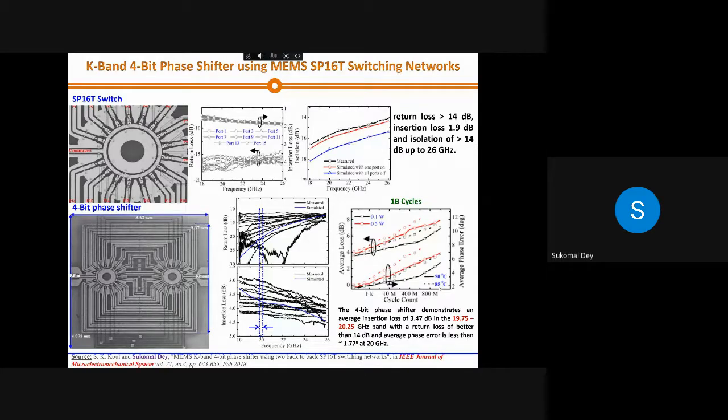You start at room temperature, then keep on increasing the temperature, keeping the power level low. Your power level should be at 0.1 watt or maybe below that. So take the low power level, keep on increasing the temperature, and do your S parameter operations as if you are testing it inside the VNA.